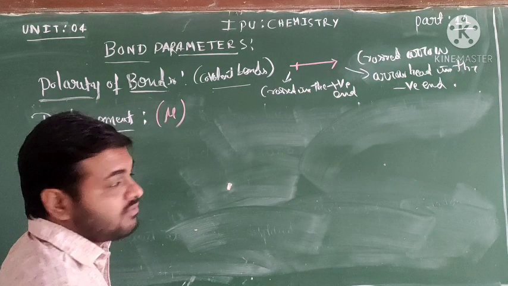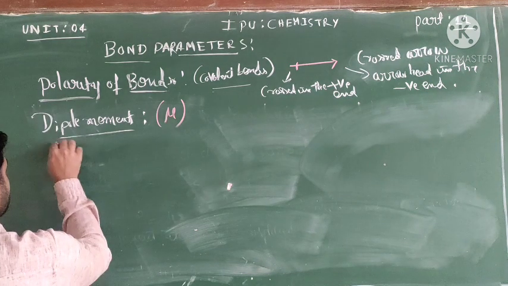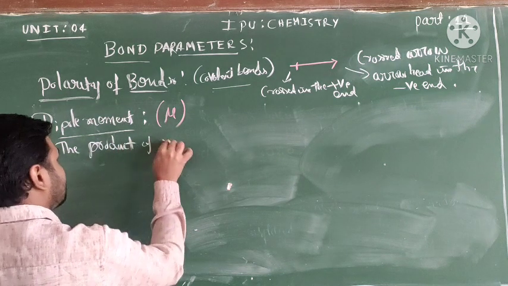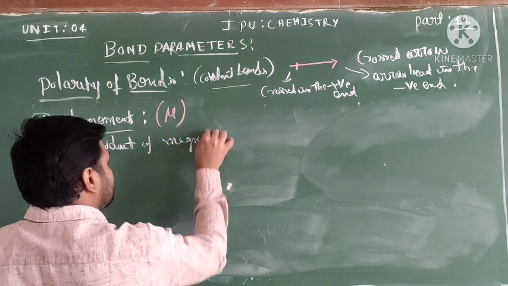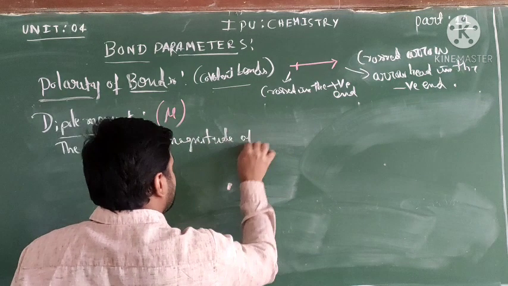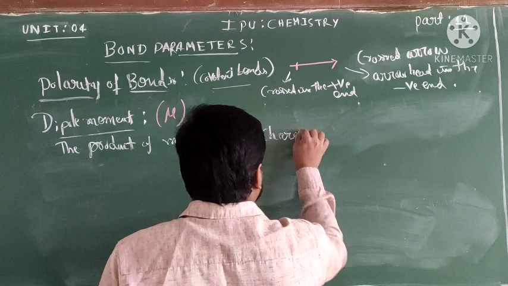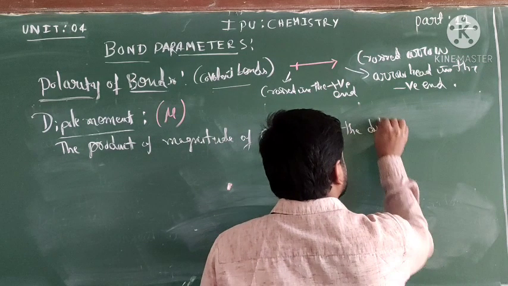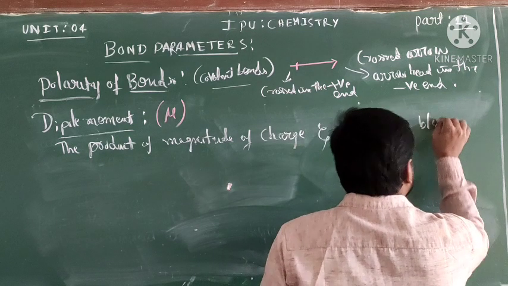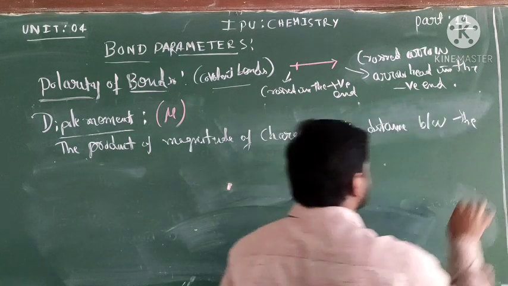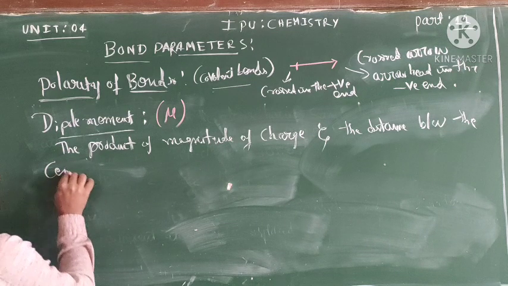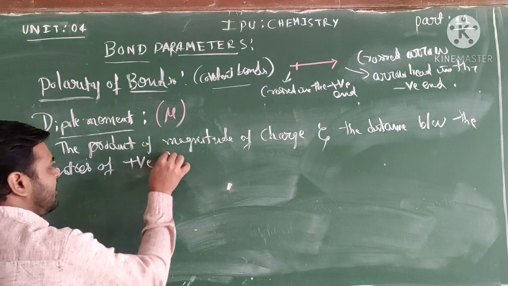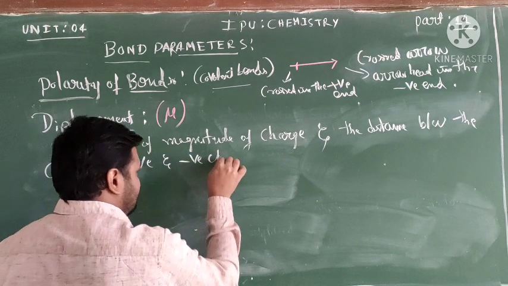The definition of dipole moment is the product of the magnitude of charge and the distance between the centers of positive and negative charge.